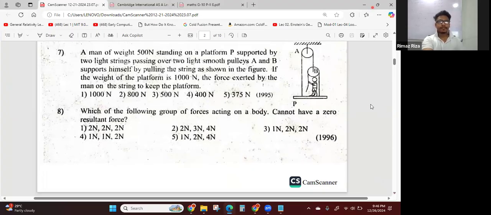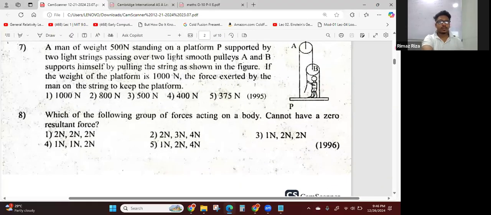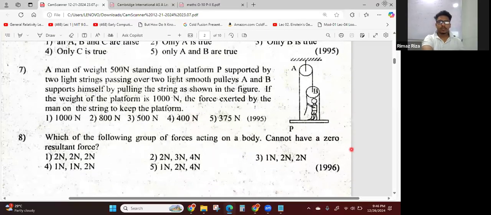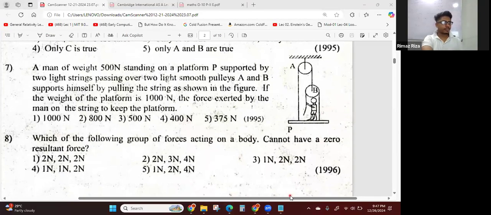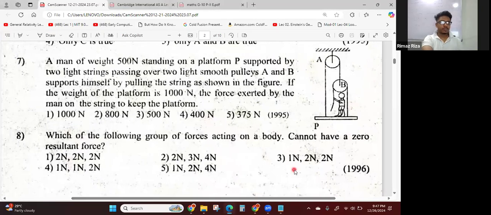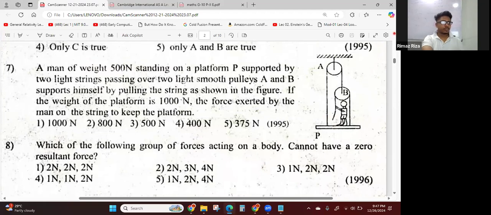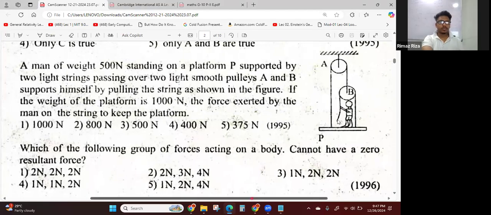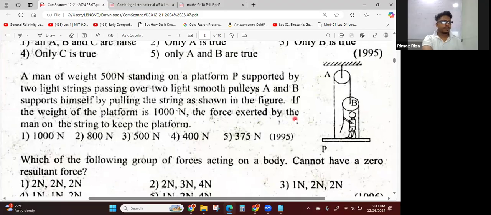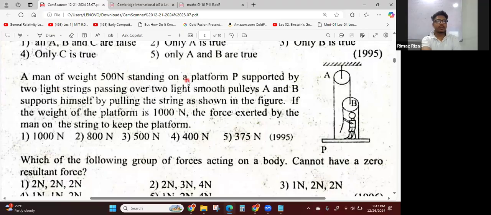So question number 7. A man of weight 500 newtons standing on a platform P supported by two light strings passing over two light smooth pulleys A and B supports himself by pulling the string as shown in the figure.